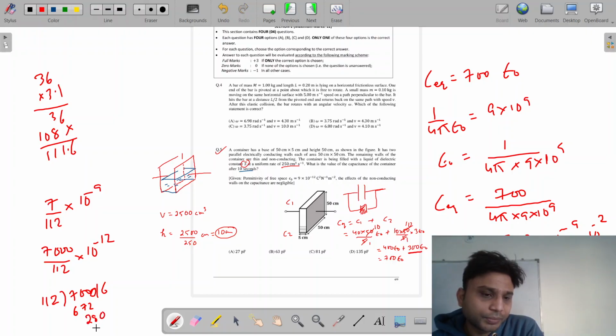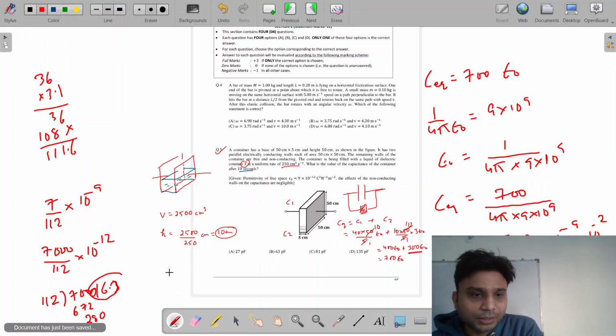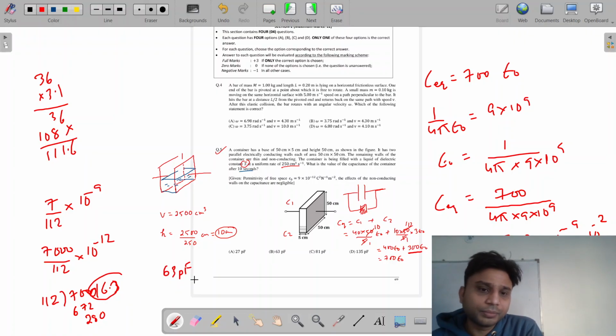Approximately it will go times 3. So this is some 63 picofarad.